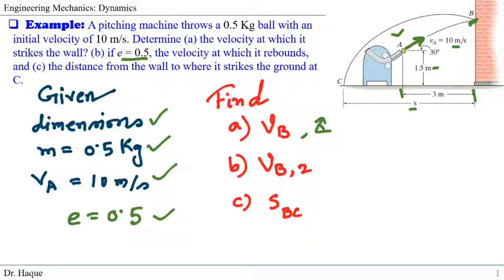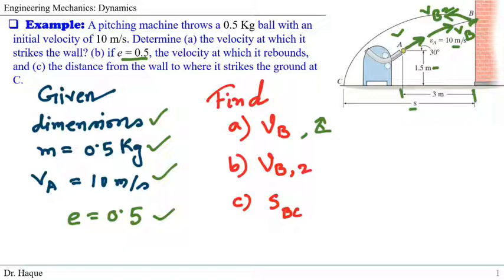So we're still at B, but it's the velocity when it's going back. So this is the going in, which is called VB. We're looking for what is going out at point B, and we call it VB2.